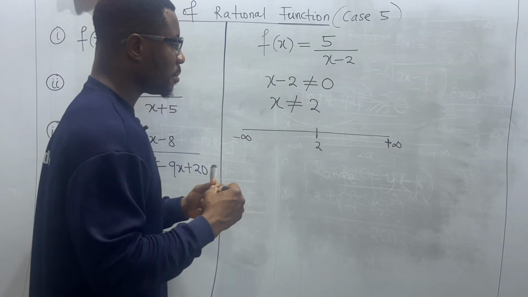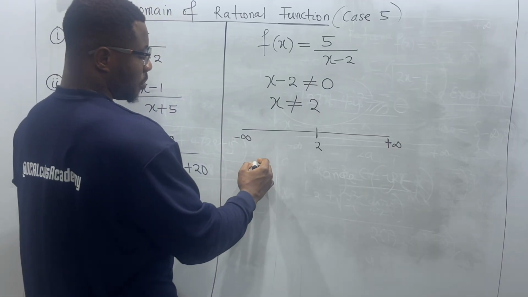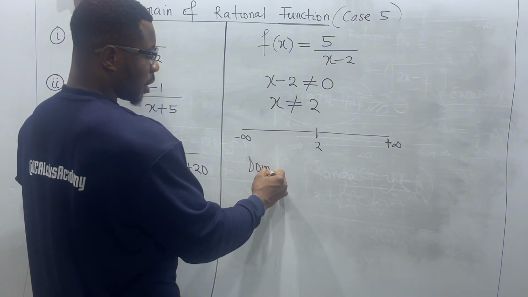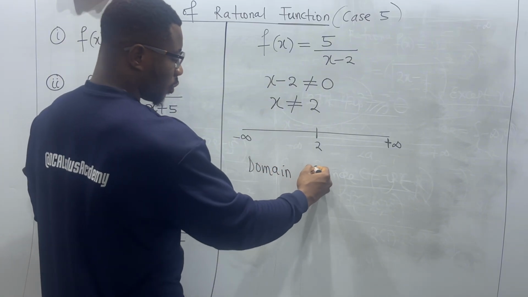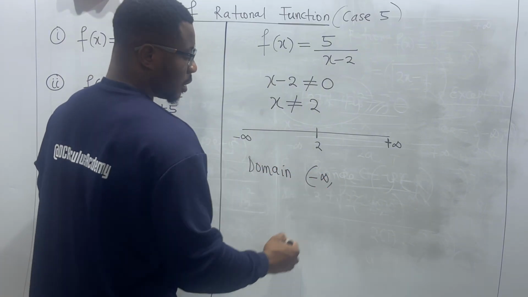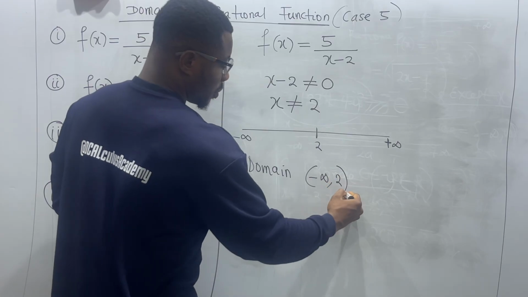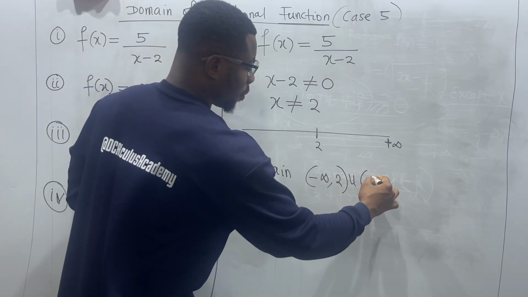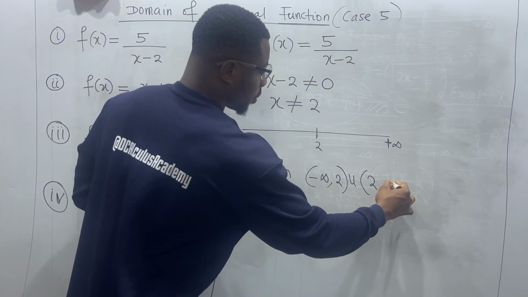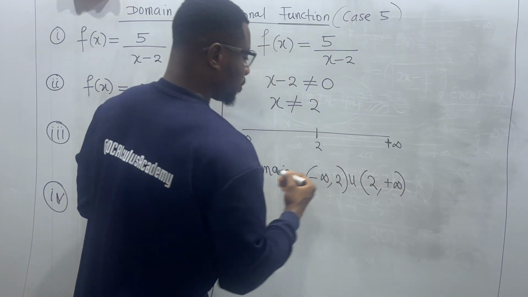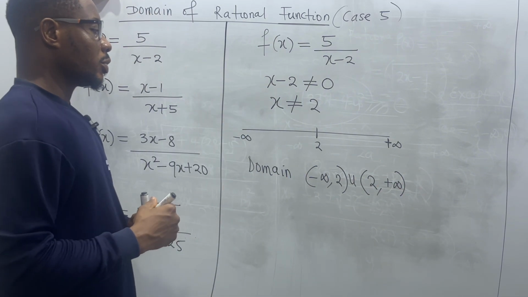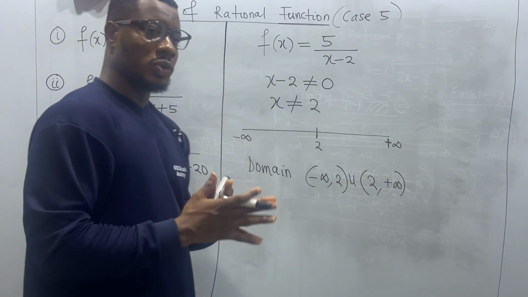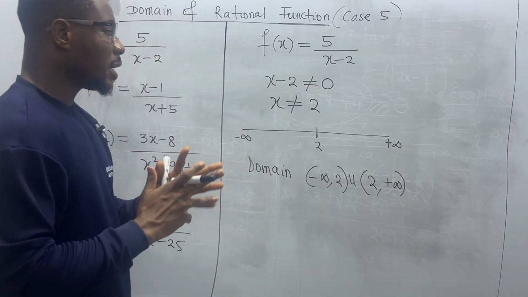So my domain, in conclusion, should be from negative infinity to 2, and I'm going to still use parentheses for this, union from 2 to positive infinity. So x cannot be 2, but x can be any other real number.